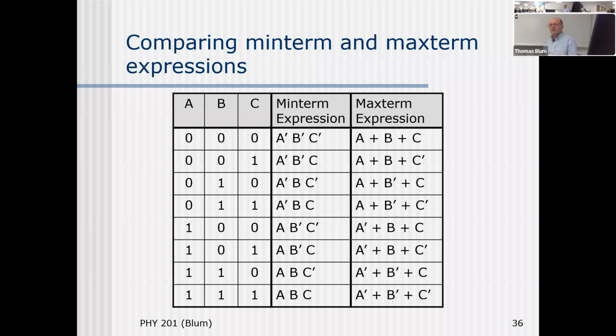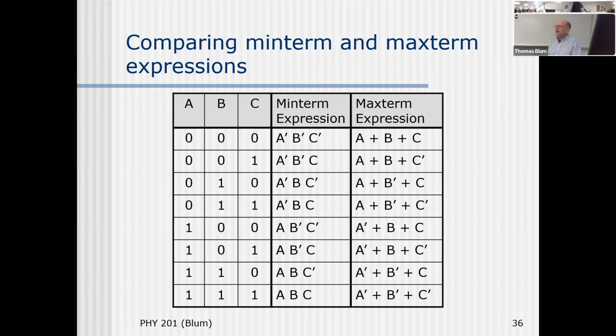Okay, this is just a synopsis of the expressions. Just remember what you want to make.